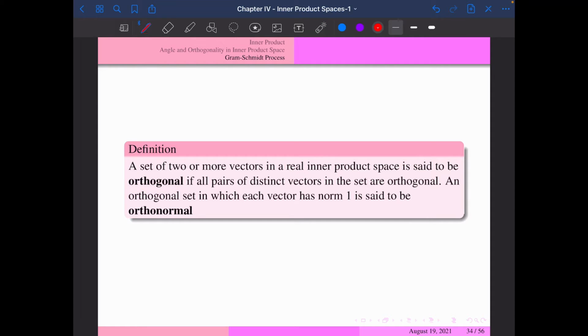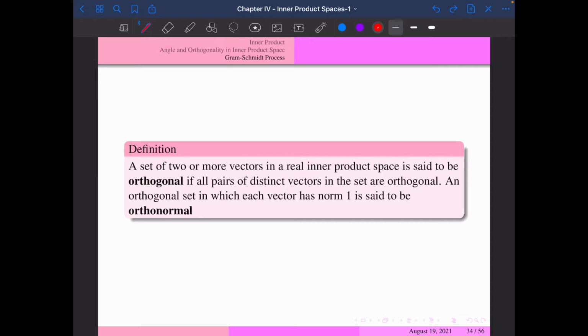And if each vector in the orthogonal set has norm equal to 1, we say that the orthogonal set is an orthonormal set. So the difference between orthogonal and orthonormal is that orthonormal adds the condition that each vector has norm equal to 1.